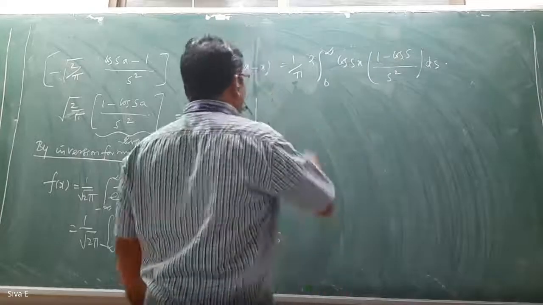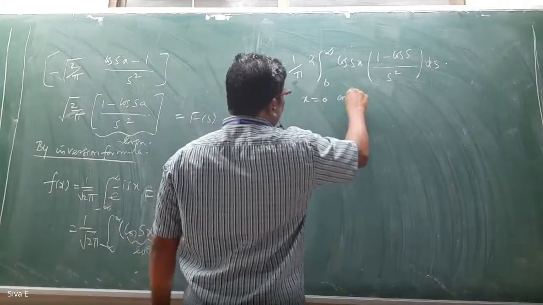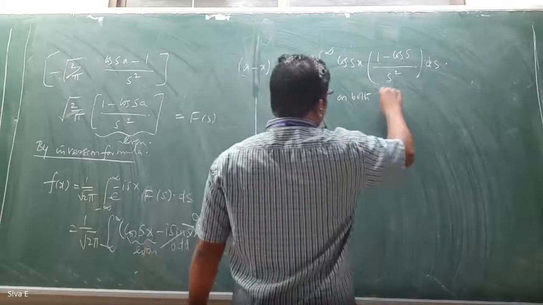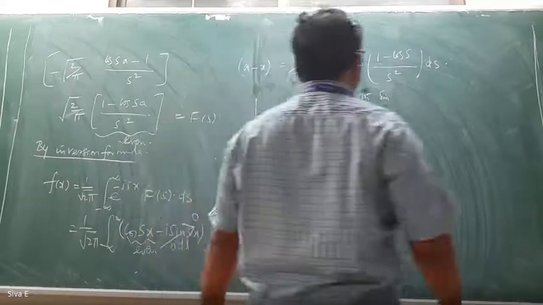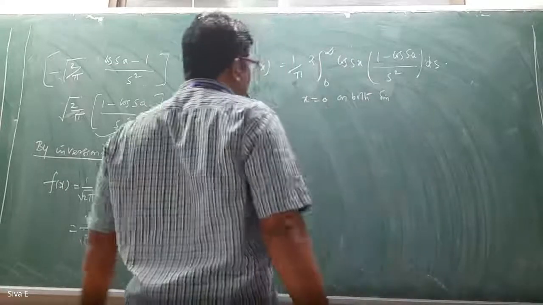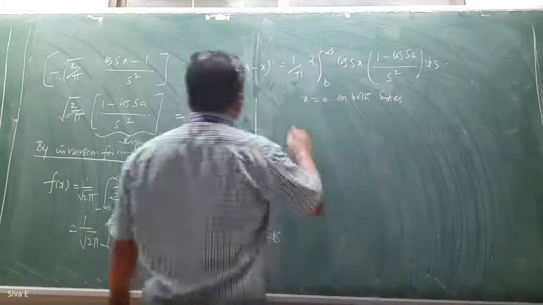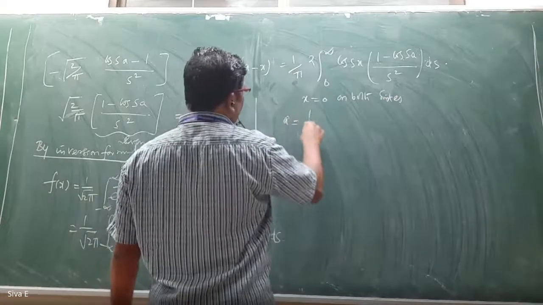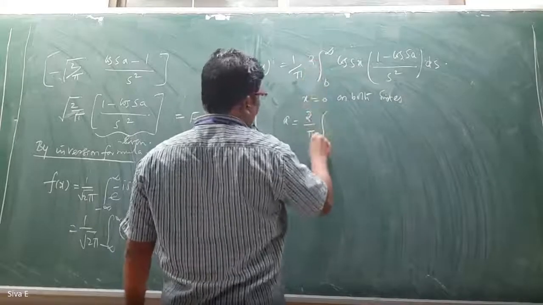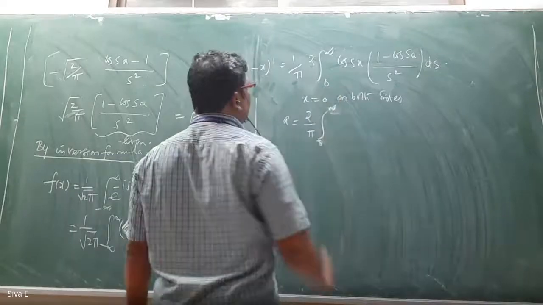If you substitute x equal to 0 on both sides, we will get a equal to 1 by pi, and then multiplied by 2 here, 2 by pi, integral 0 to infinity, sorry, not 0 to pi, 0 to infinity.